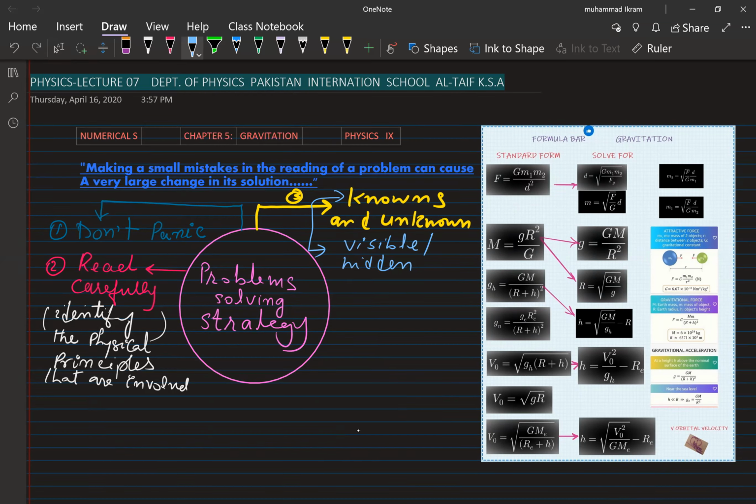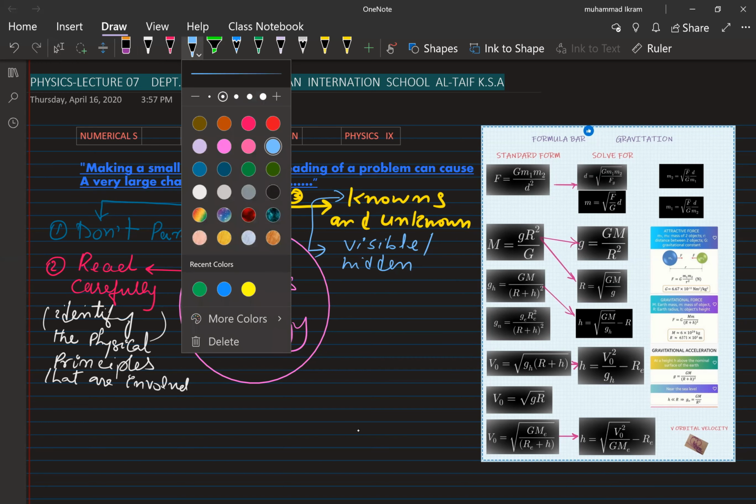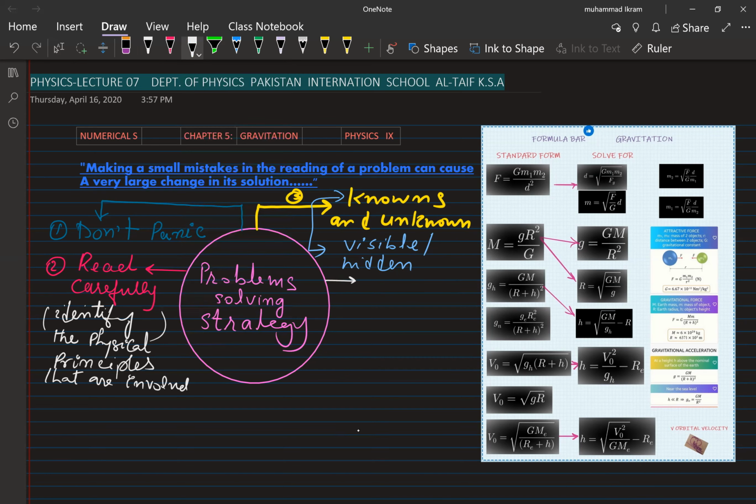The fourth important point is to construct a mental image of your problem, and that is what a careful sketch or a diagram is for.